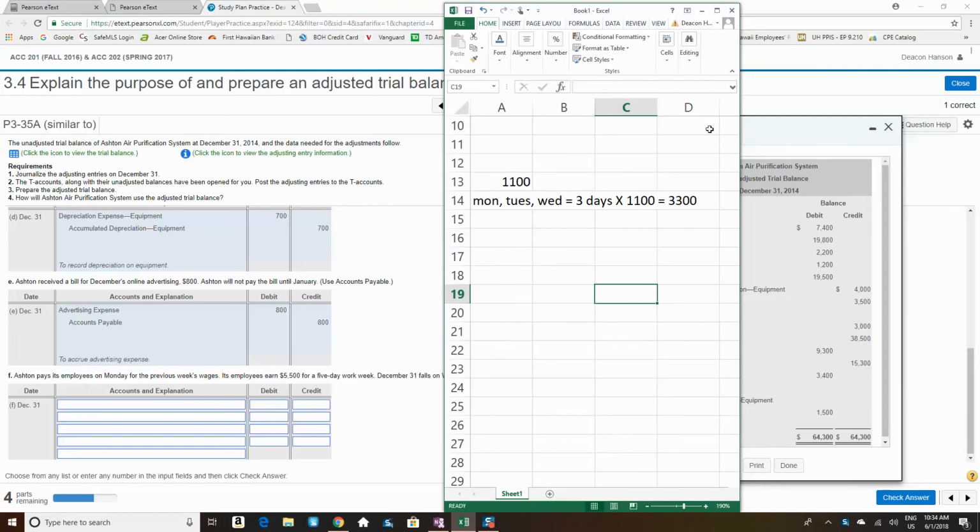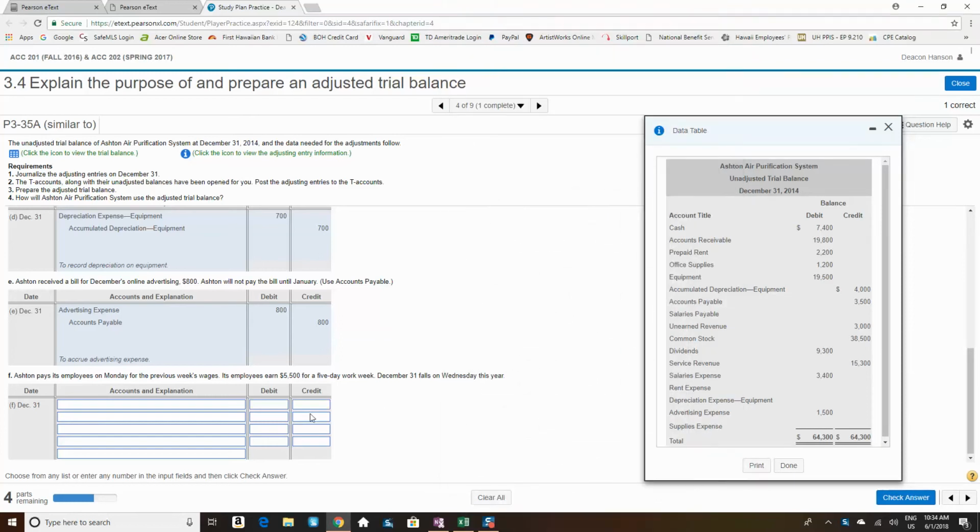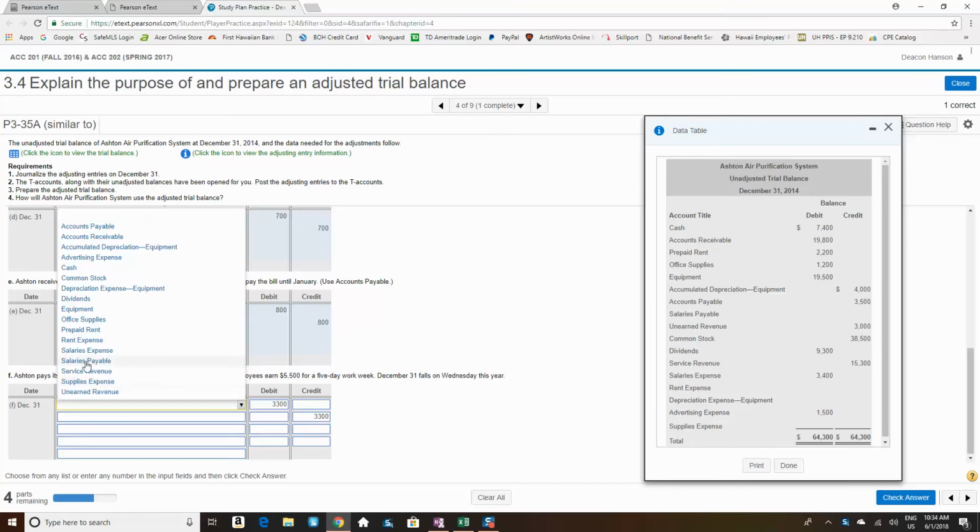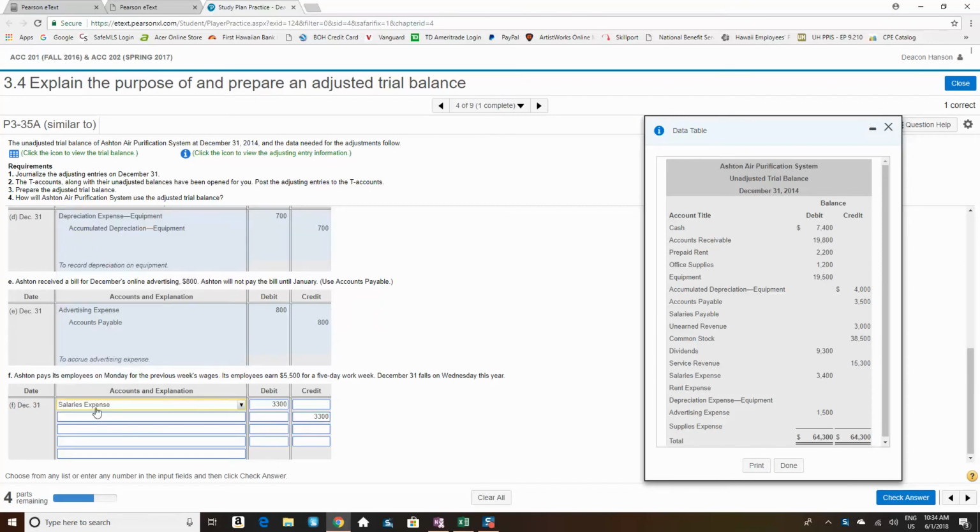We did the math here. So we'll put the numbers in: 3,300, 3,300. And the accounts that we have to choose from, we've got salaries expense. That's on the income statement. That's an expense.